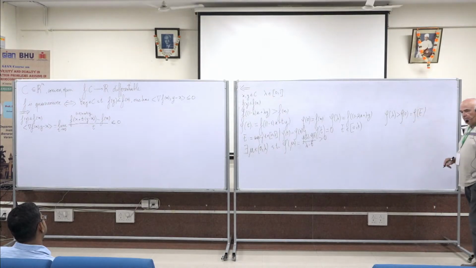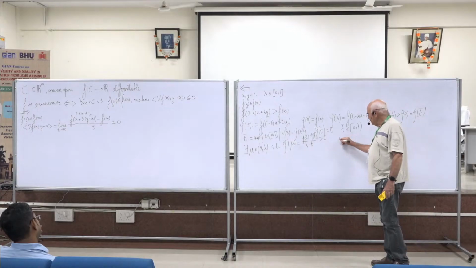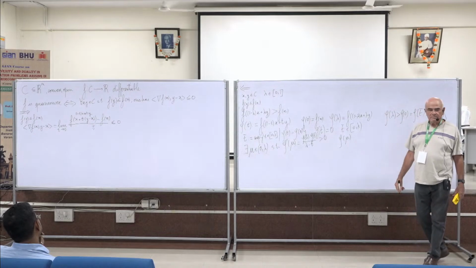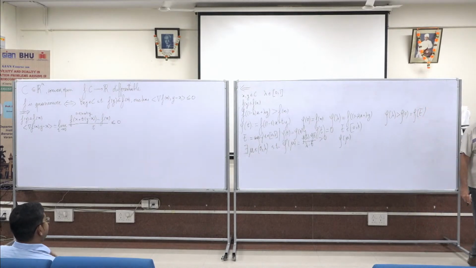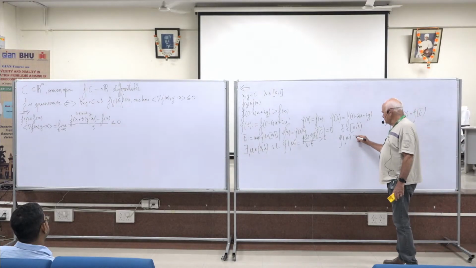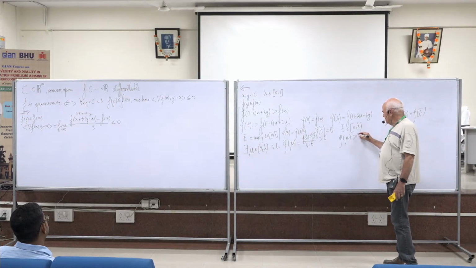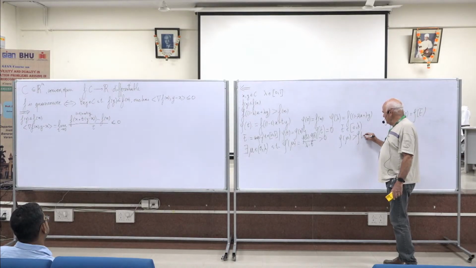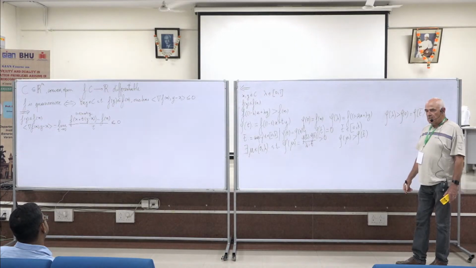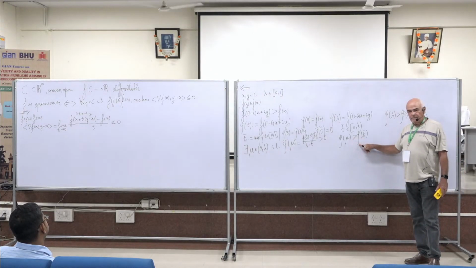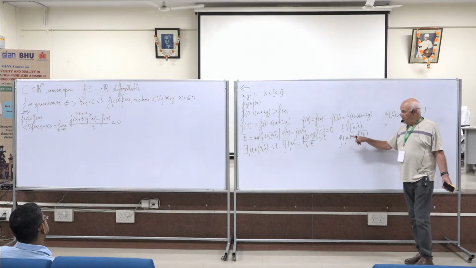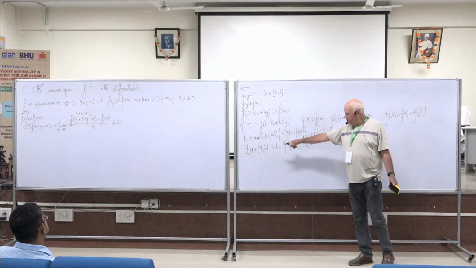On the other hand, what can we say about phi of mu? We can say that it is strictly larger than phi of t bar, because, I mean, it cannot be 0, phi of mu, because mu is larger than t bar.